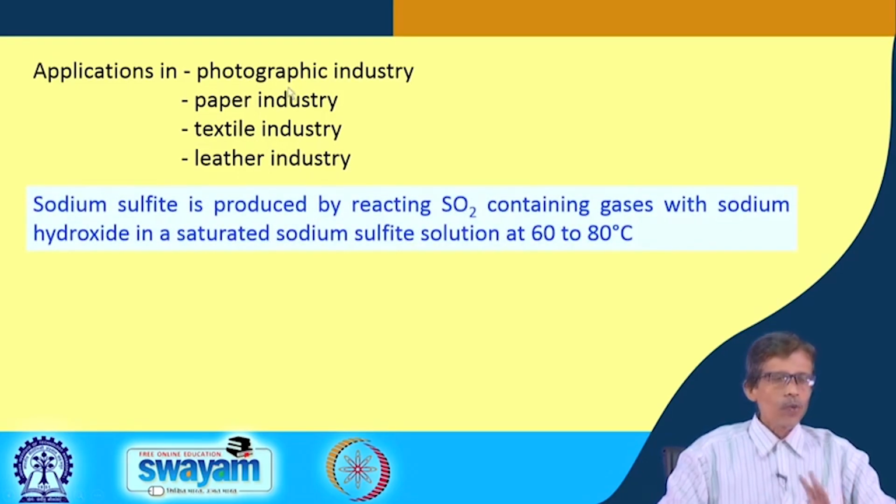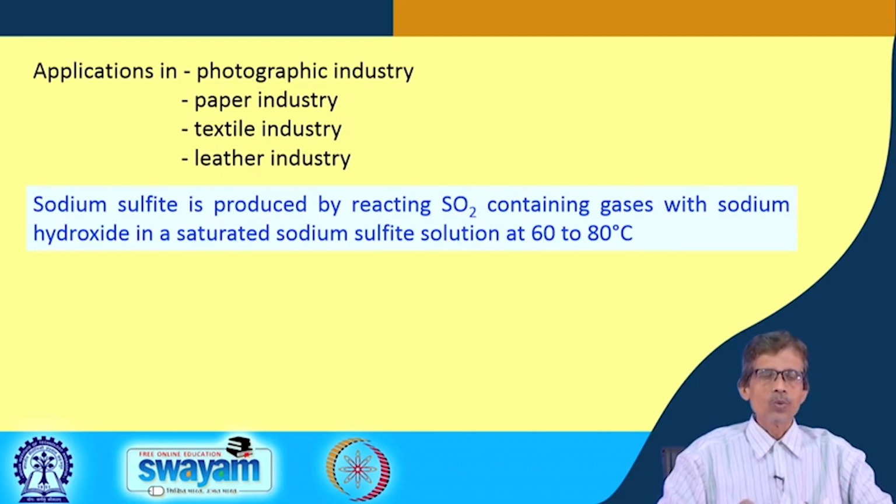Sodium sulfite, that means Na2SO3, is produced by reacting sulfur dioxide containing gases with sodium hydroxide in a saturated sodium sulfite solution at 60 to 80 degrees centigrade. So you can go for direct conversion of sulfur dioxide to sodium sulfite.